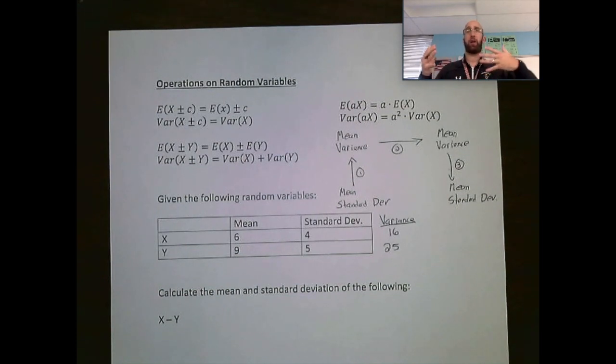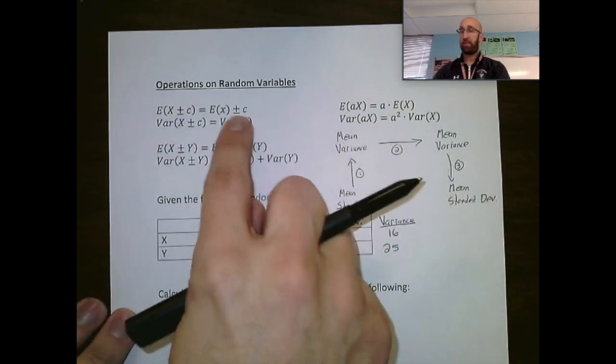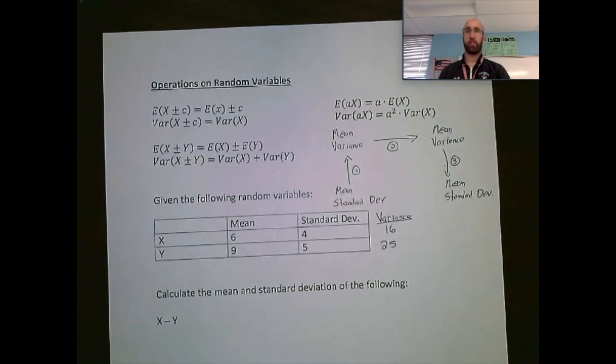Instead of taking my original probability model, adding 2 to everything, and then recalculating a new mean and a new standard deviation, or even multiplying everything and calculating a new mean, instead of recreating that probability model, we have these shortcuts so that we don't need to create a new probability model.